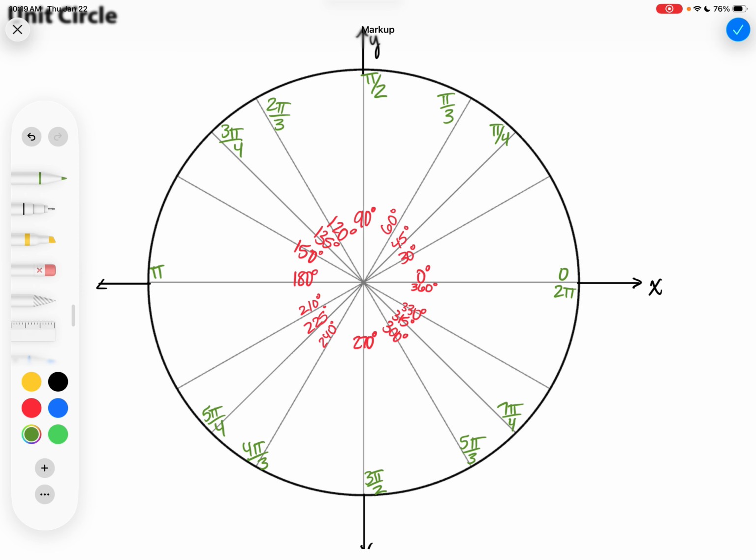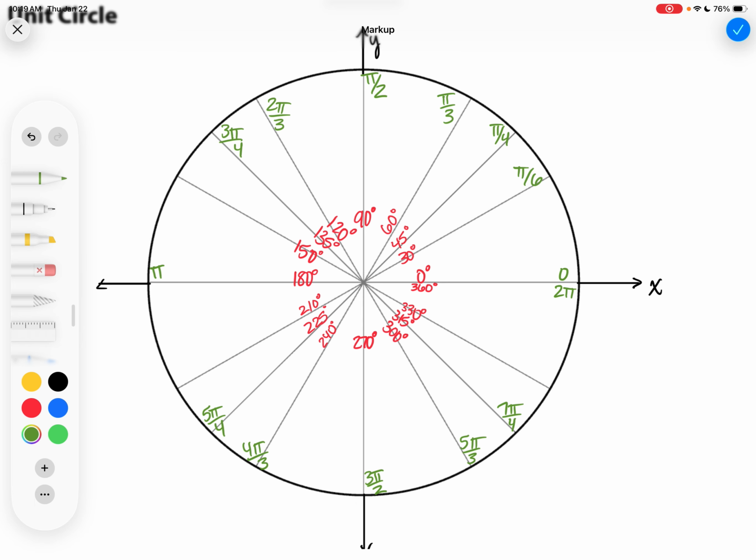Now do we have to go in the 30s? Yep. So how many increments of 30 degrees are in 180 degrees? 6 of them. So these ones are going to be pi over 6s. So these hit every 30 degrees. Some of them we've already done, obviously. But this one is pi over 6.